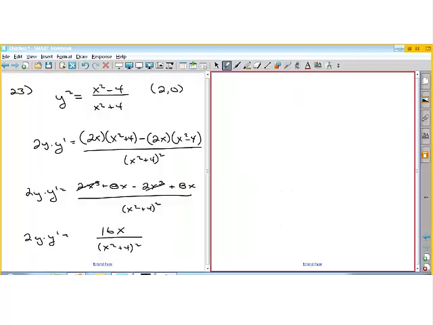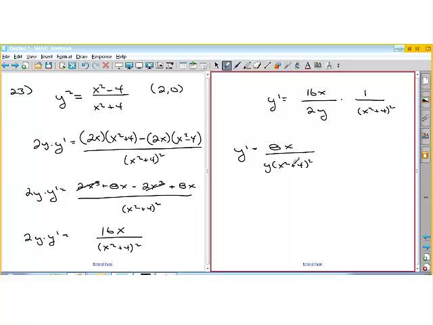And then we divide both sides by 2y. So we get y prime is 16x divided by 2y times 1 over x squared plus 4 squared. Of course, 16 divided by 2 is 8, so we get 8x divided by y times x squared plus 4 squared.